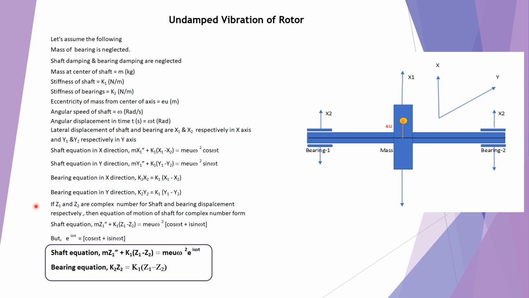So the shaft equation can be written as m z1 double differentiation plus k1 bracket z1 minus z2 bracket close is equal to m e_u omega square e to the power i omega t. Similarly, we can write the bearing equation as k2 z2 is equal to k1 bracket z1 minus z2 bracket close. So these are the expressions for the vibration of the shaft, the displacement of the shaft and the displacement of the bearing.